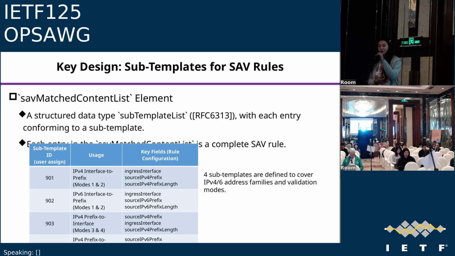As we know from the previous slides, a sub-rule is structured data containing ingress interface, source prefix, and prefix length. We use a structured data type to encode a sub-rule. We choose the subTemplateList from RFC 6313 to encode the sub-rules, with each entry representing a complete sub-rule.